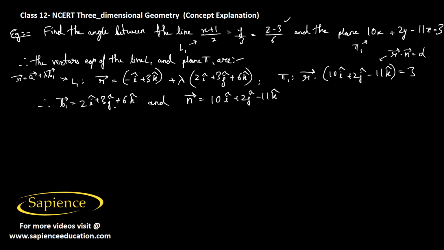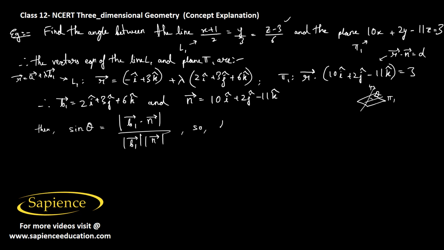Now, since this is the plane pi 1 and this is the line L1, if theta is the angle in between the line L1 and the plane pi 1, then we know that sine theta, the sine of the angle in between the line and the plane, is given as the magnitude of b1 dot n vector divided by magnitude of b1 into magnitude of n vector.